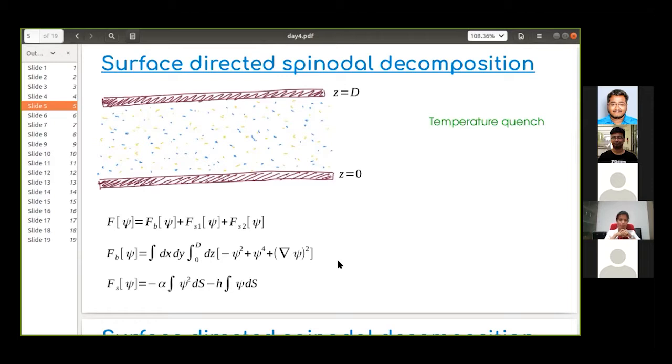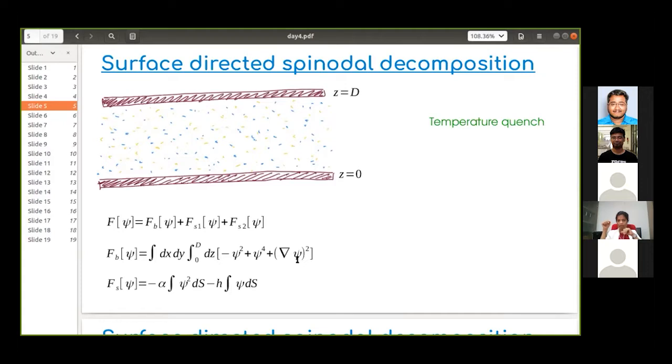By the way, if you remember, I explained this functional on the very first day, where I showed the schematic picture of this free energy functional: how the function looks, how the properties change as a function of temperature, etc. It's the same functional. You have a squared term, a 4th order term, and the gradient term. The gradient term takes care of the interface formation.